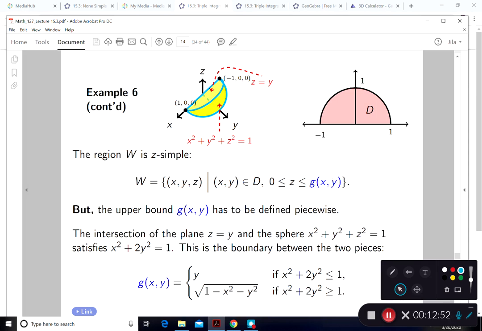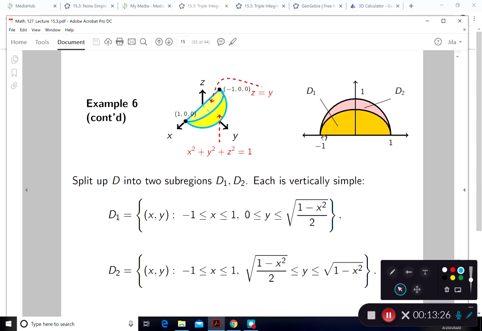So how do we choose which is which? It turns out that if I plug in z equal to y and solve, I get x squared plus 2y squared equal to 1, which is an oval, and that is where the bounds are happening over here.